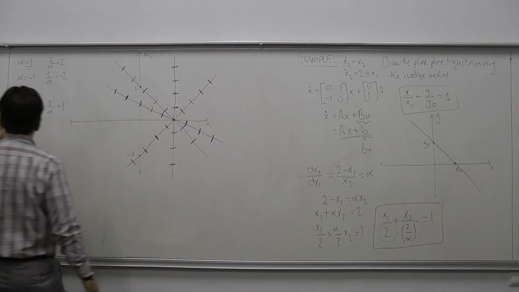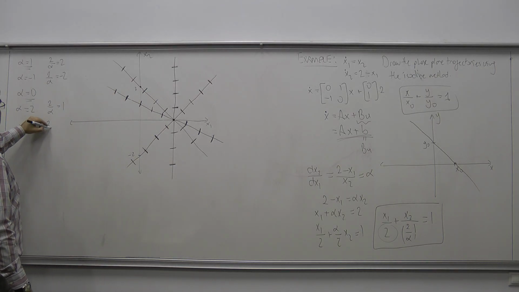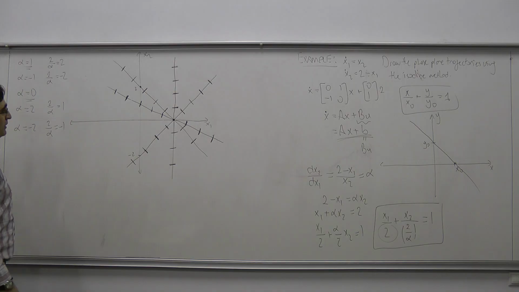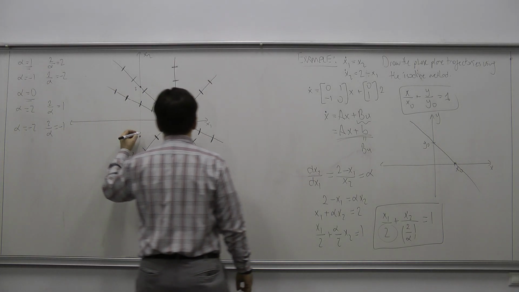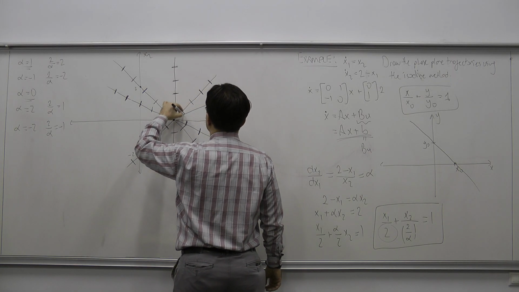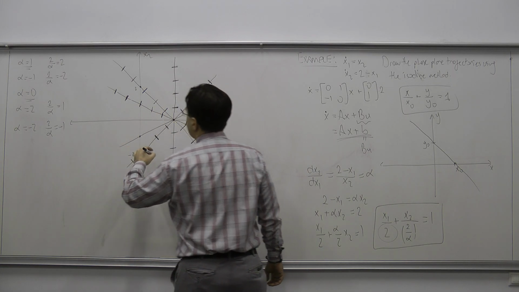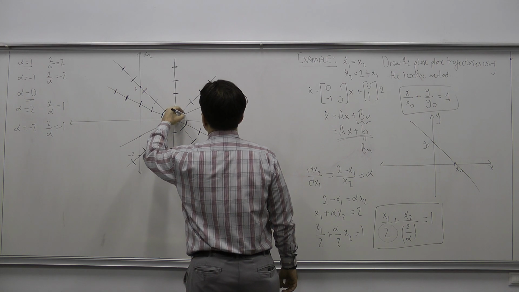And finally, I can take alpha equals -2, 2 over alpha is equal to -1, and in that case, the line would pass through here, and I would draw it like this. And the slopes would be -2.